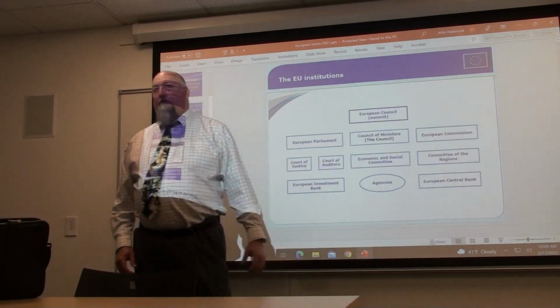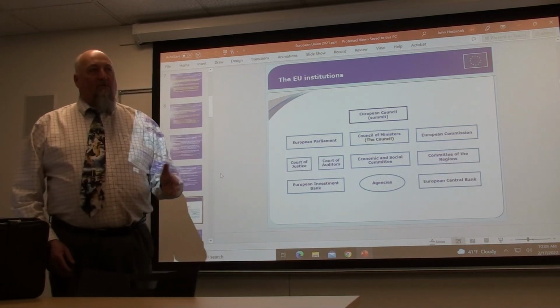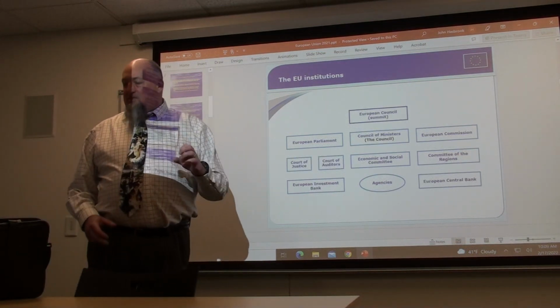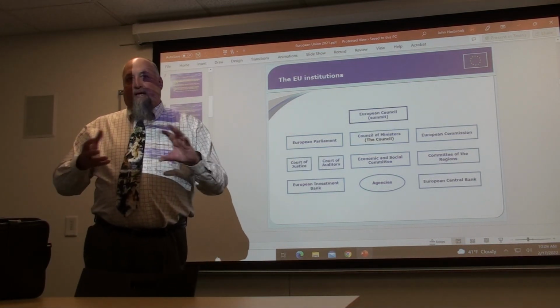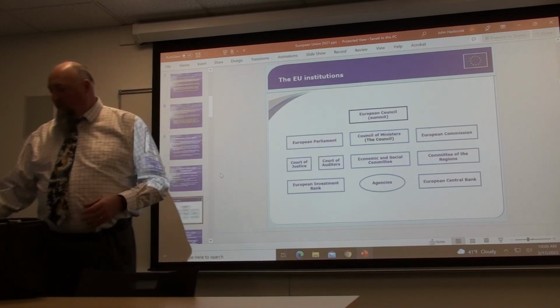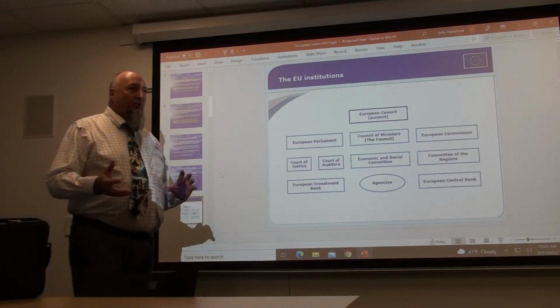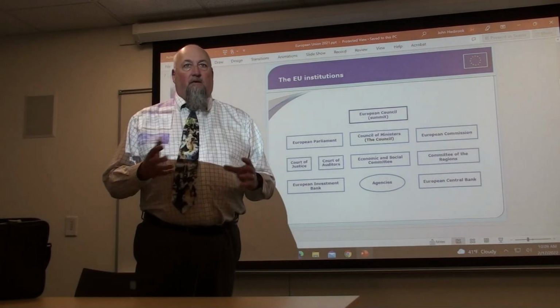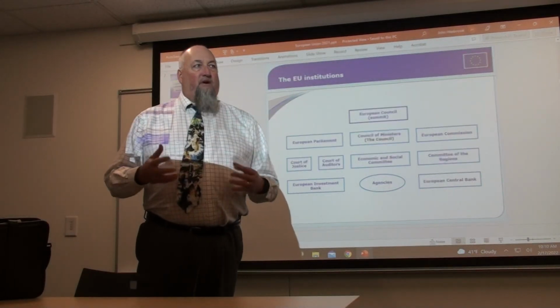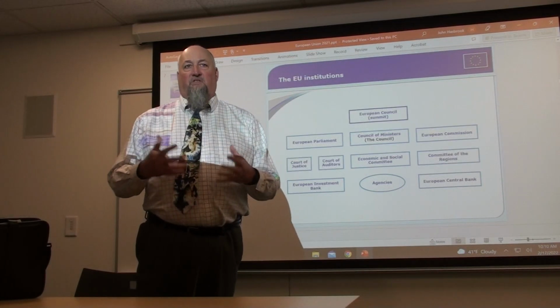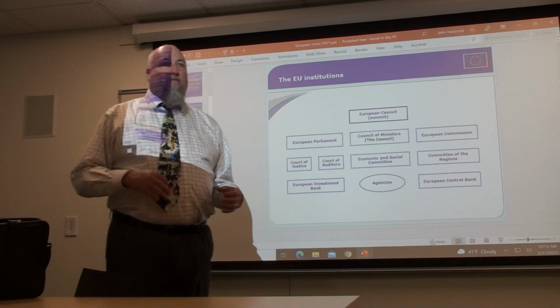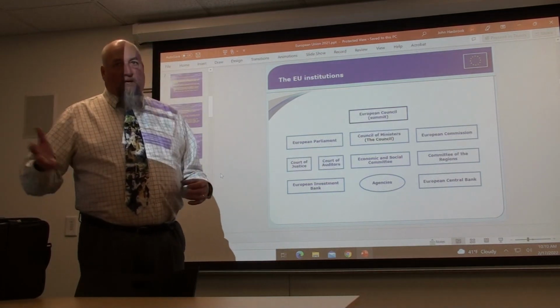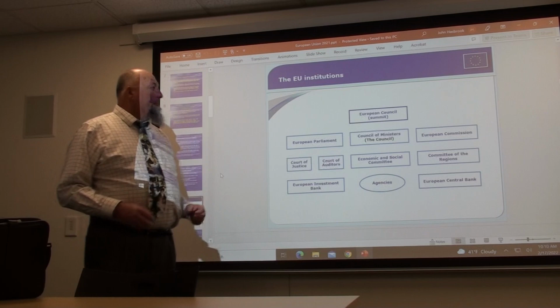And then we have the Commission, which also has a representative from each member state. And that's sort of what I would call a blend between the Senate and various committees that we find within the Senate, along with the Office of Governmental Accountability, kind of all rolled into one.